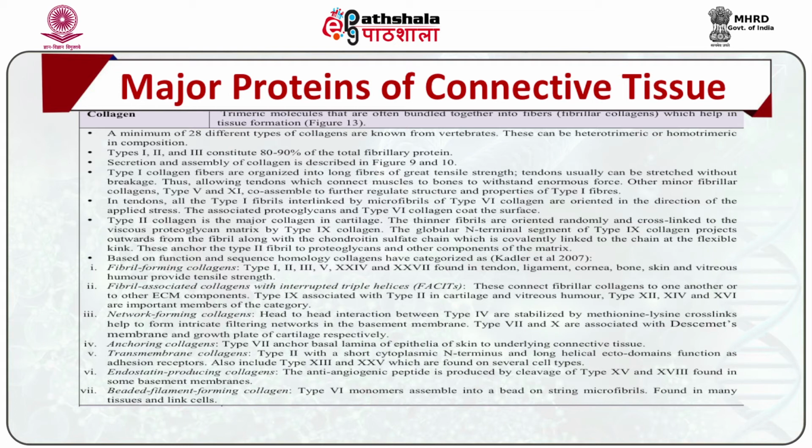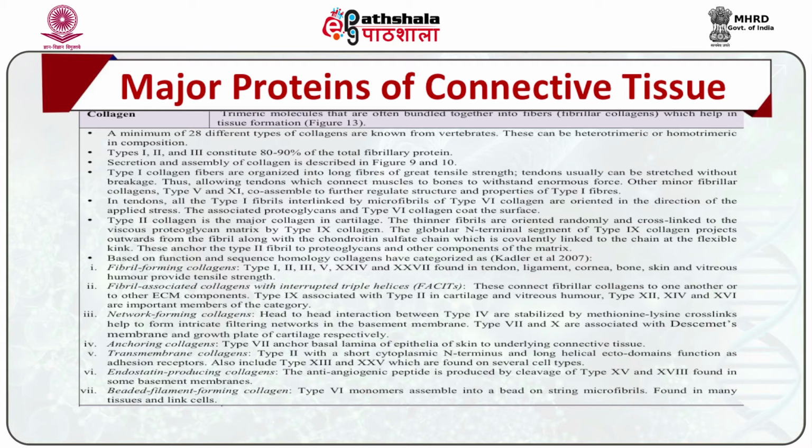Based on function and sequence homology, collagens have been categorized as, first, fibril forming collagens, which include type 1, 2, 3, 5, 11 and 24, which are found in tendon, ligament, cornea, bone, skin and vitreous humor, and they provide tensile strength.